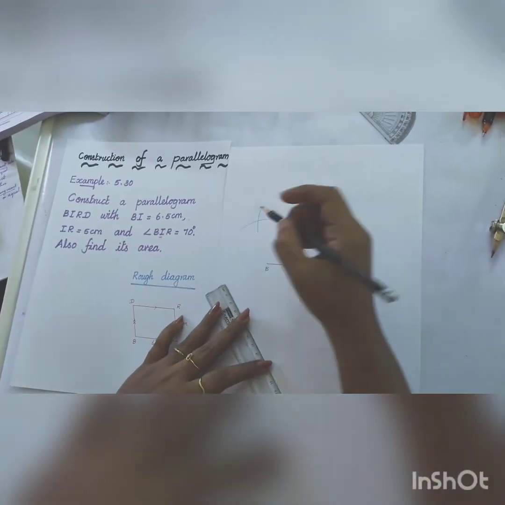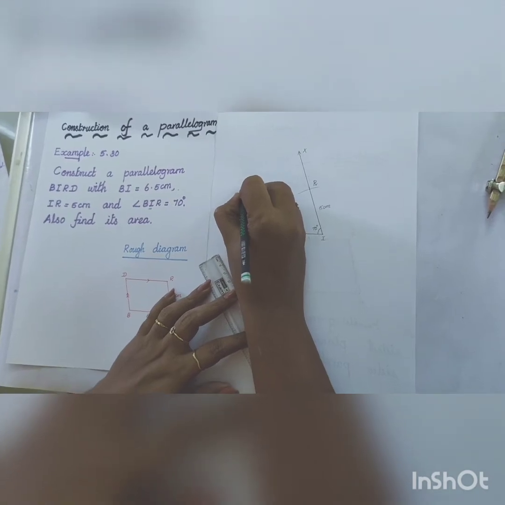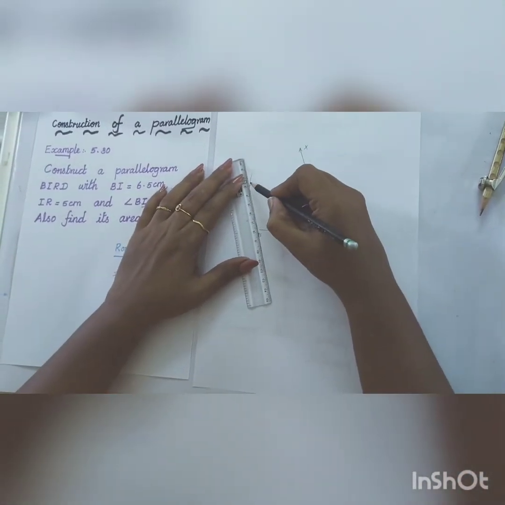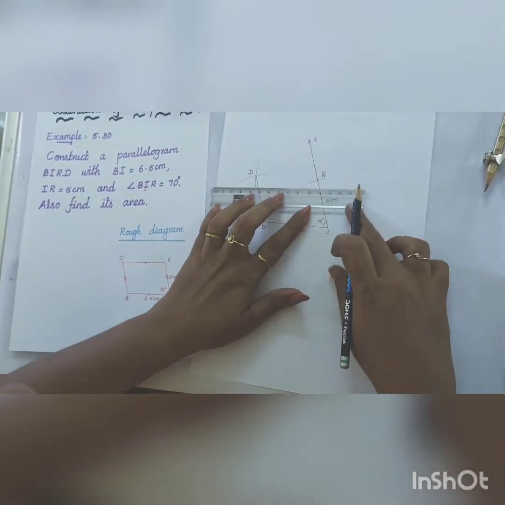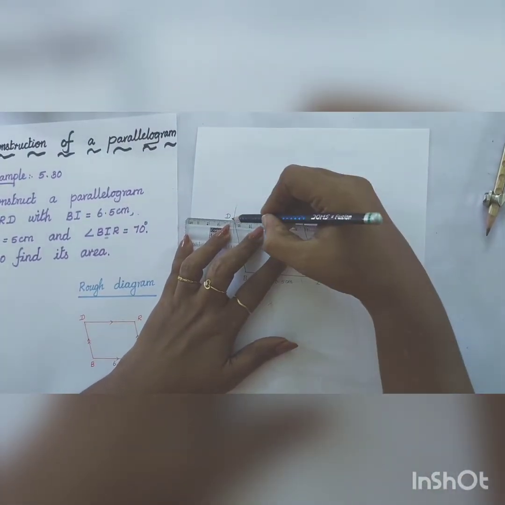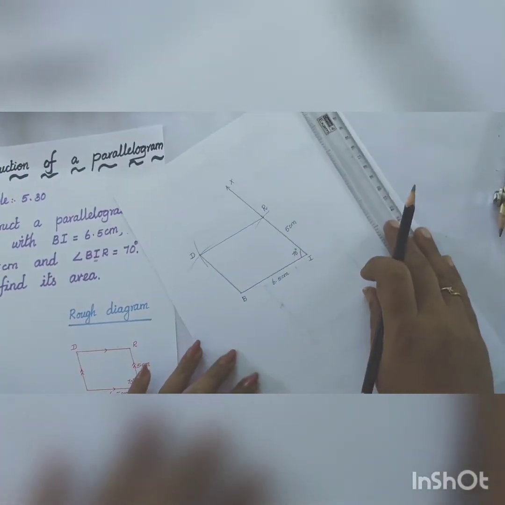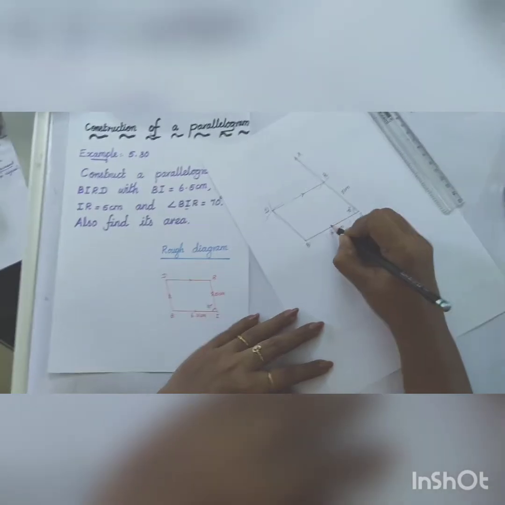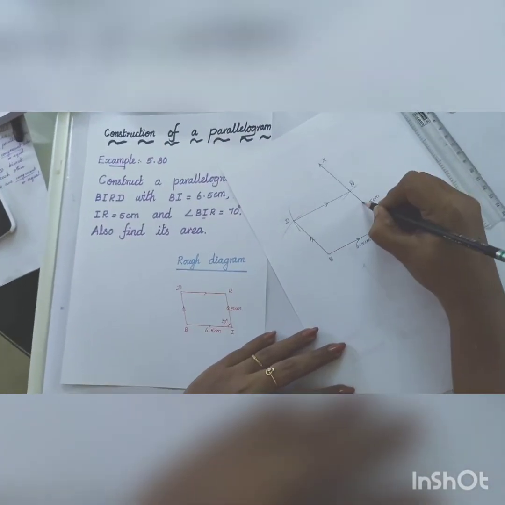Now we got the point D. This is the point D, and you can join the points BD and RD. Here you should not forget to mark the parallel sides. These two sides are parallel. These two sides are parallel.